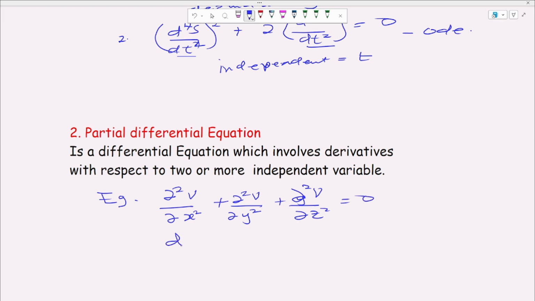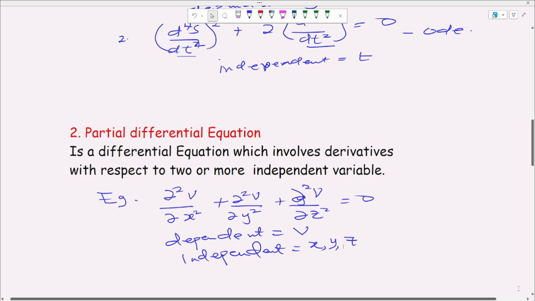Now here the dependent variable, how many are they? You said 1, and that is correct. So we have only v. Then the independent variables, how many do we have? We have x, y, z. We have 3, so that is more than 1. And so this is a very nice example of a partial differential equation. So that is that.